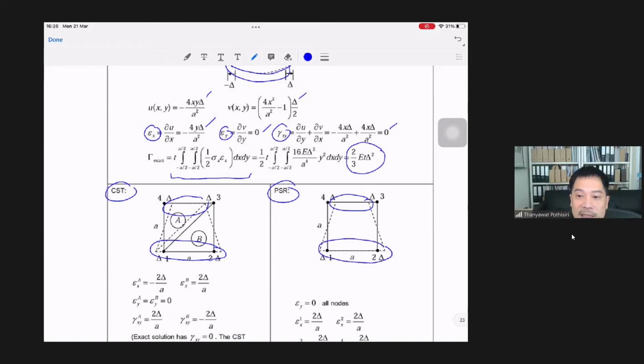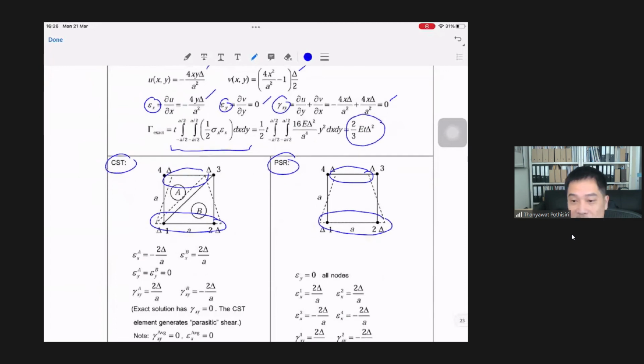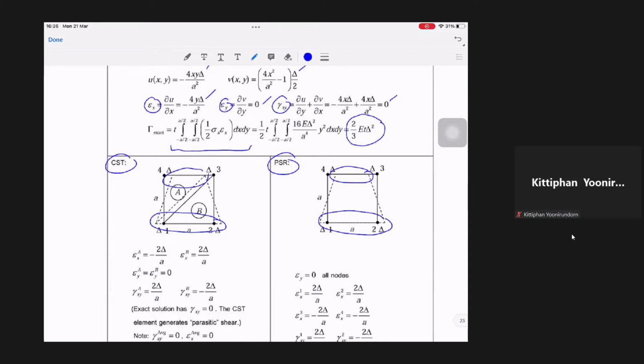So based on this deformed shape, if you try to compute the strain energy by following the procedure that we talked about, you compute the strain within each element first, and then you use the strain components to compute the strain energy.